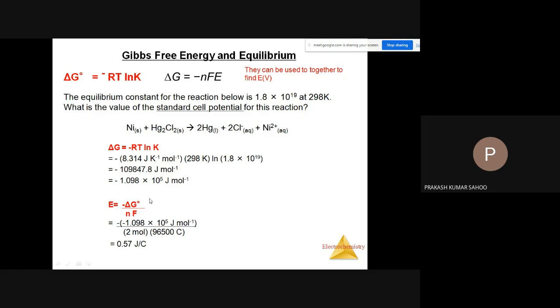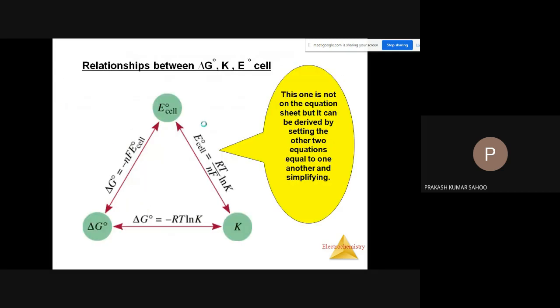And from this equation, E equals minus del G by NF. These are the three parameters which are interlinked, or interdependent.